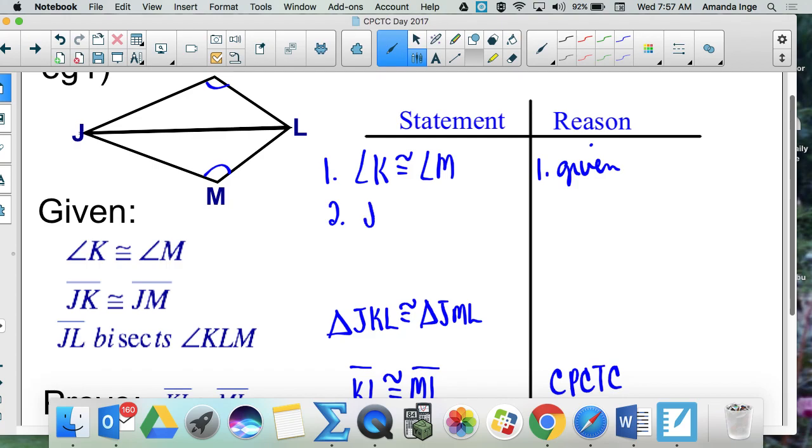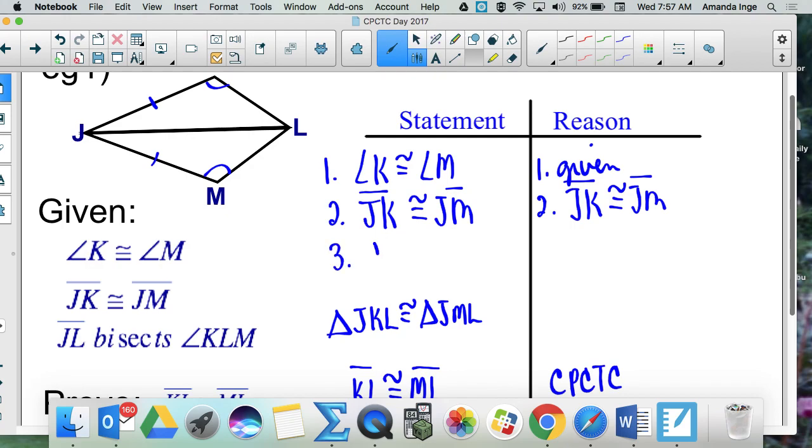Next we have JK is congruent to JM. That's given. Then we have JL bisects angle KLM. That's given.